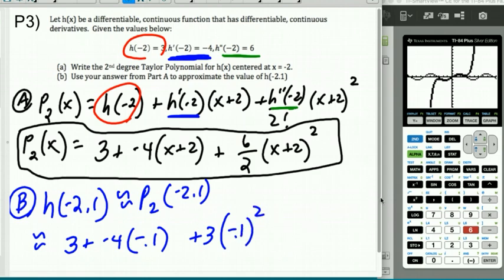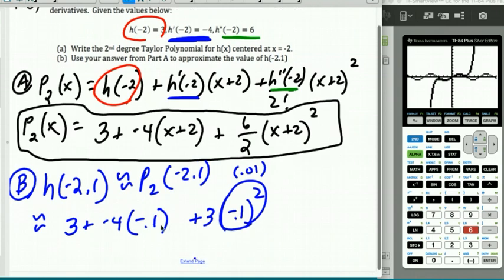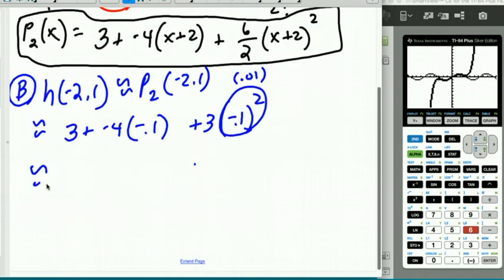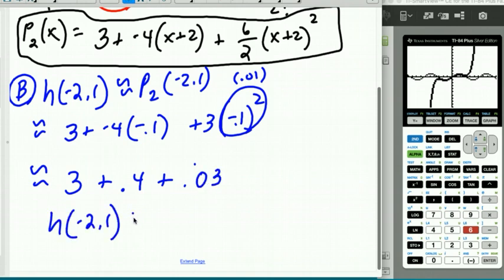So what's going to happen here, right? This means move one decimal place. It's worth noting that a -0.1 squared is actually a 0.01, right? It's 1/100th. So I'm going to get that this is a 3 plus a 0.4, because the negative times the negative makes positive, right? And then this is going to move 2 decimal places, so this is going to be a 0.03. So I get that h of -2.1 is approximately a 3.43.